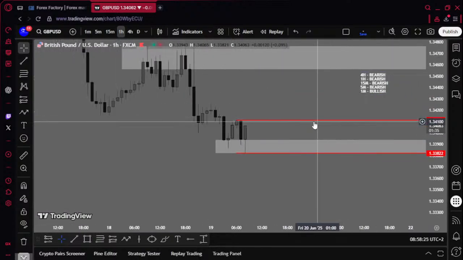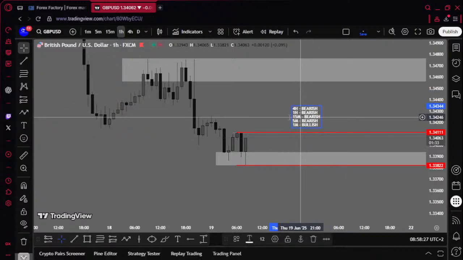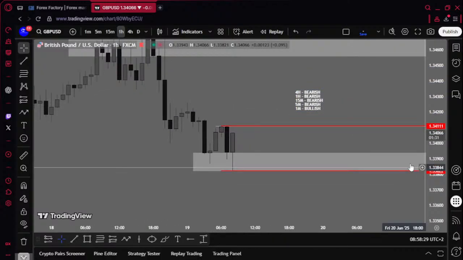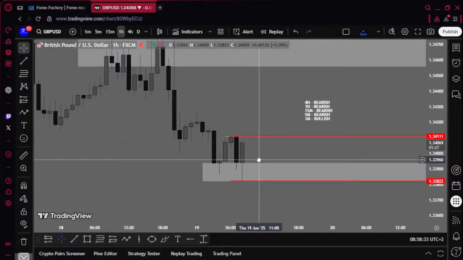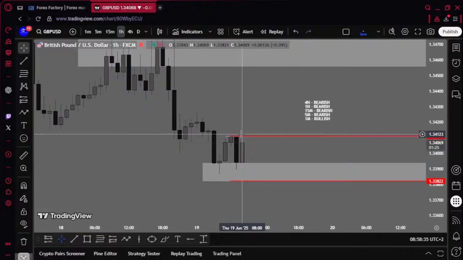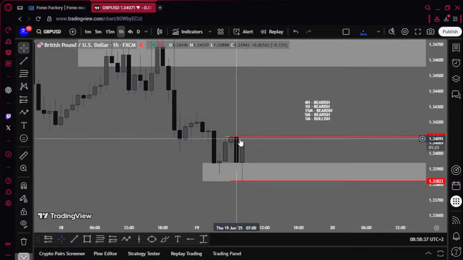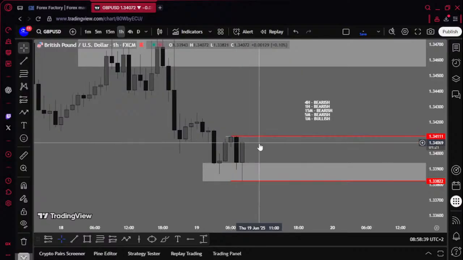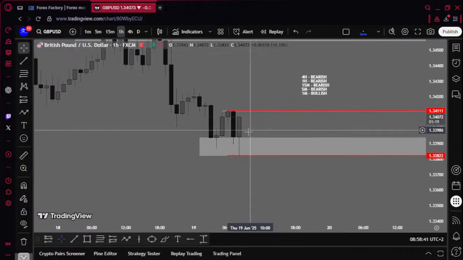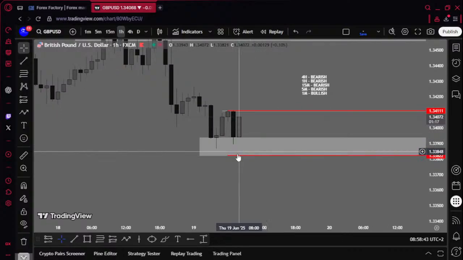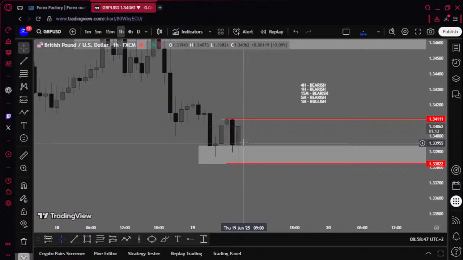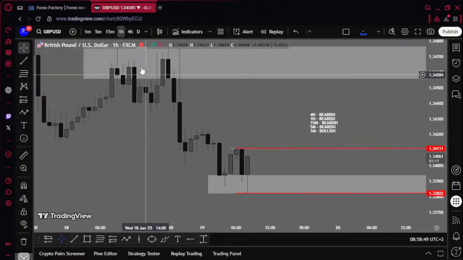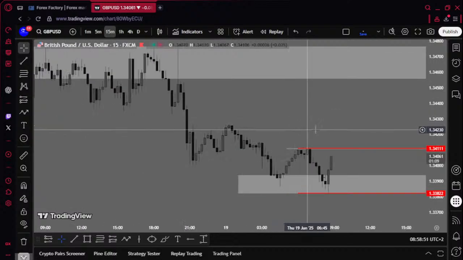Also considering that, look at the 1-hour, we are pushing up right now, and we've failed to close below these lows and continue the trend. So if we close above this red line on the 5-minute, I will take a long position. And if we close below this red line on the 5-minute, then I will take a short position. But as of right now, it looks like the long position will play out.